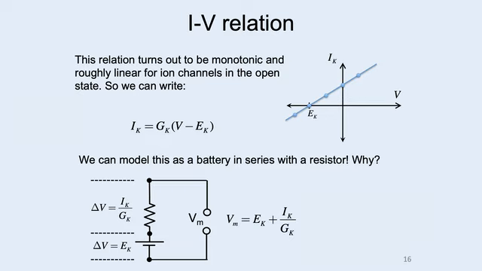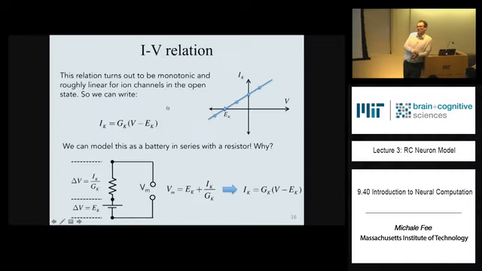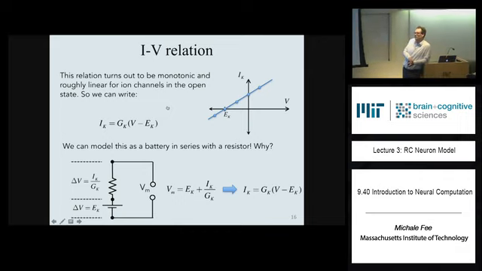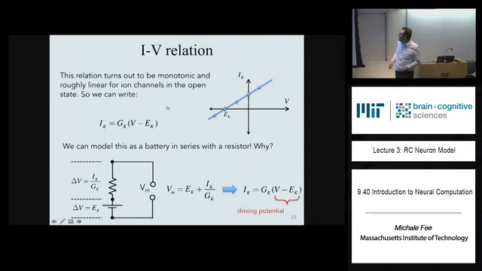So Vm equals EK plus IK over GK. And now let's just solve this for IK. So that's why this little circuit element describes our potassium conductance. That's the equation that goes with it. Any questions? All right, let's push on.